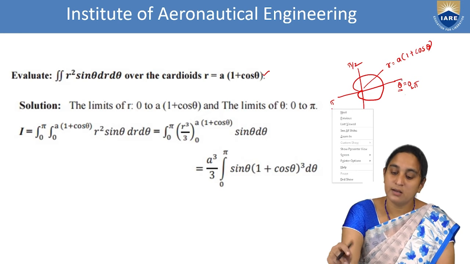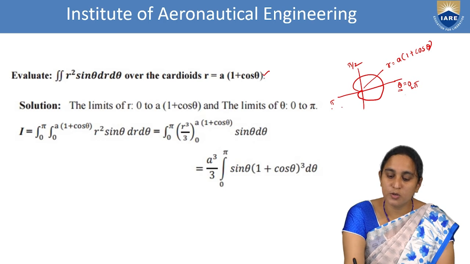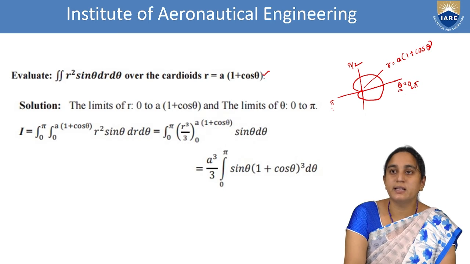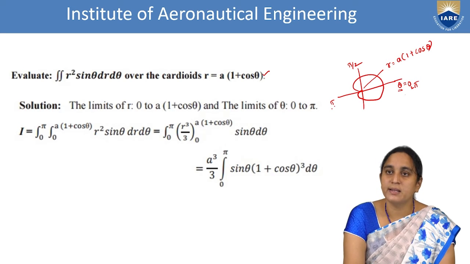That means for this cardioid area, theta goes from 0 to 180 degrees. Initially it touches at 0 degrees and ends at pi. That's why we consider theta equal to 0 to pi for the cardioid.